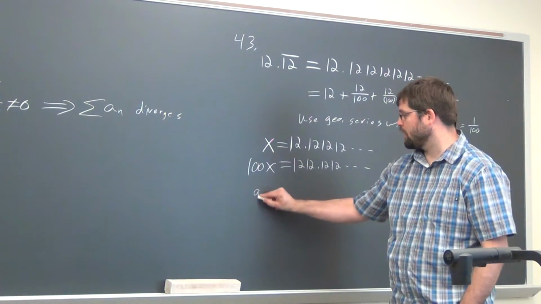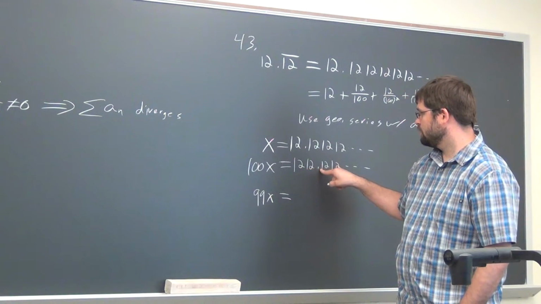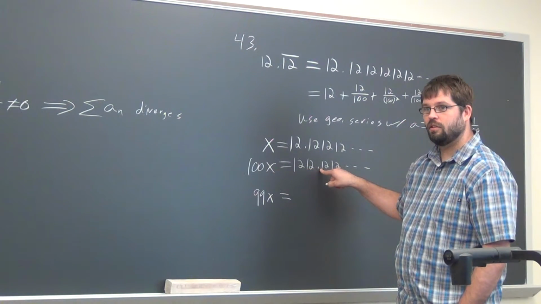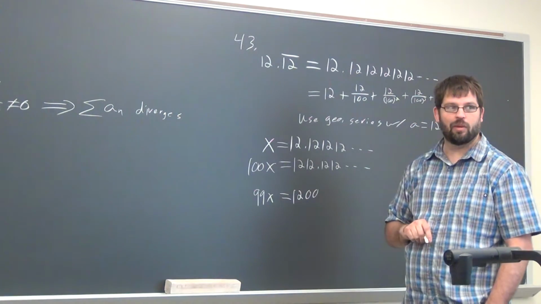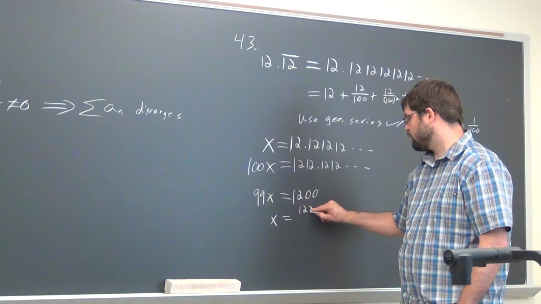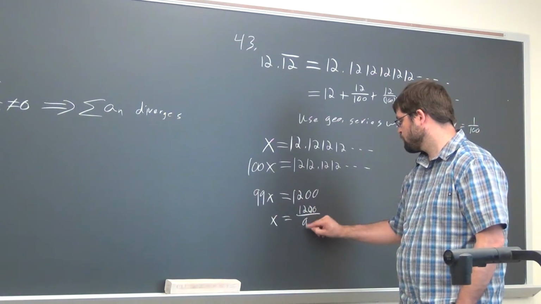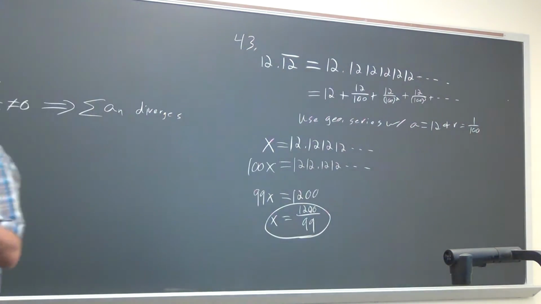Subtract x from this, you'll get 99x, right? Equals what? 1200, right? All the other 12s disappear, that makes sense? And so x is 1200 over 99. There's a real quick way to do it without the geometric series. The point of this section was to use the geometric series here.